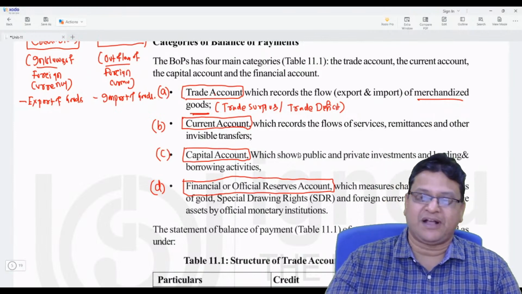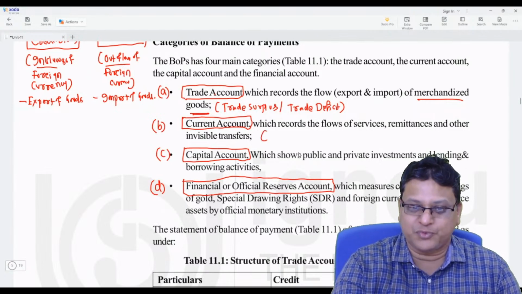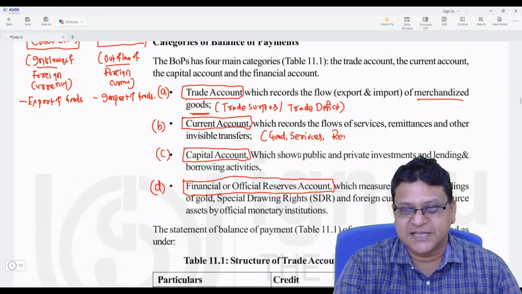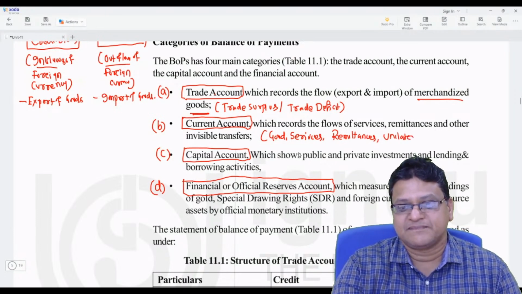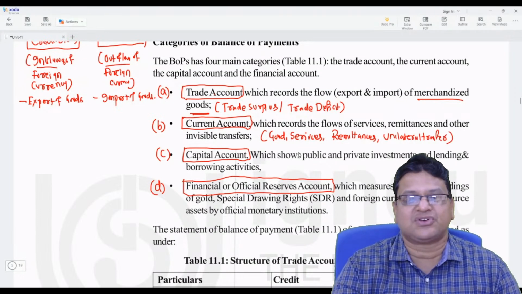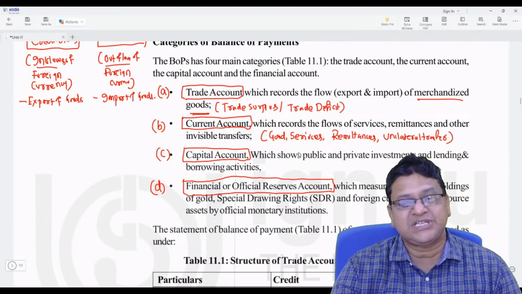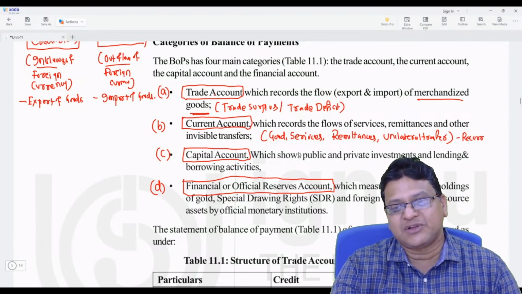Then what is current account? Current account records the international current flow of goods, services, remittances, unilateral transfers. So it records those international transactions which are recurring in nature, which occur frequently.